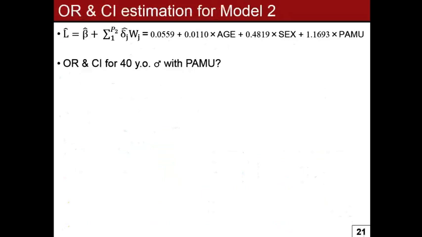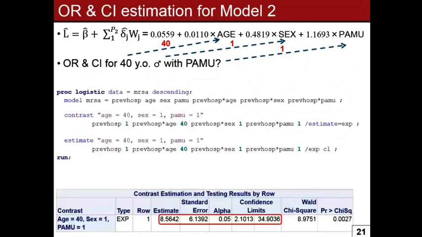Okay, so I'm just going to throw it all up here. Here was the odds ratio expression that we showed earlier. This was 0.0559, 0.001 times age, and so forth. This is our generalized expression for the odds ratio in this model.